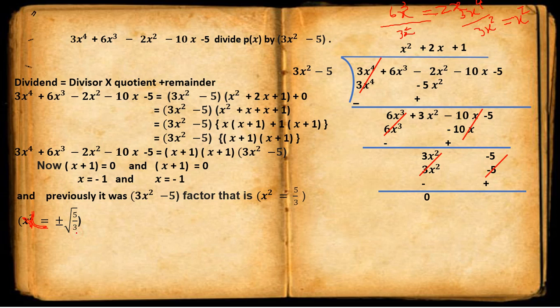So here we are getting that the zeros of this polynomial are minus 1, and again the second zero is minus 1. So this minus 1 and minus 1, and the two zeros previously given in the question, plus under root 5 by 3 and minus under root 5 by 3.